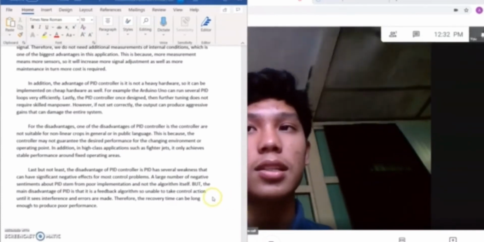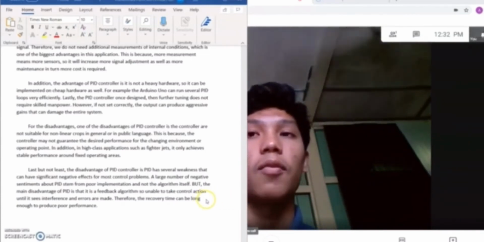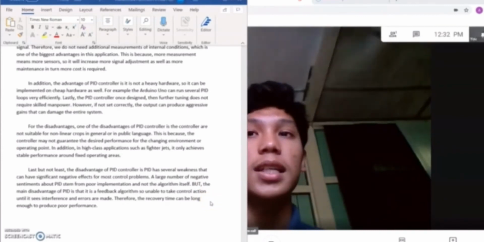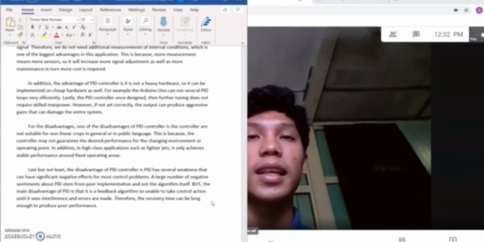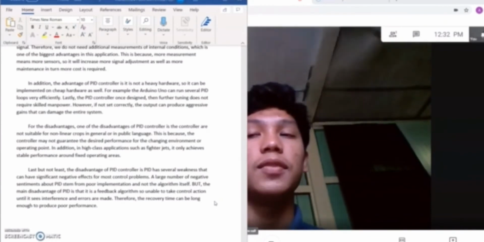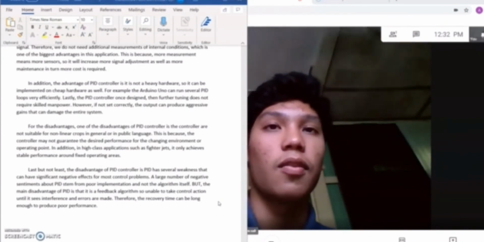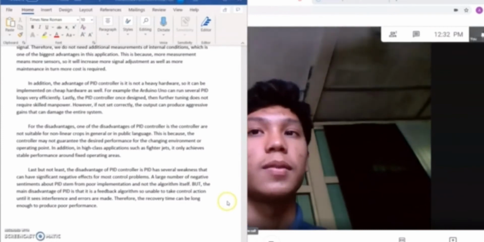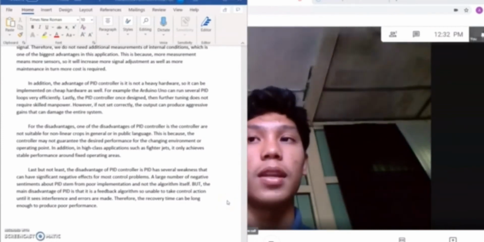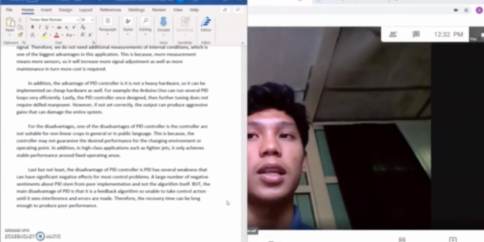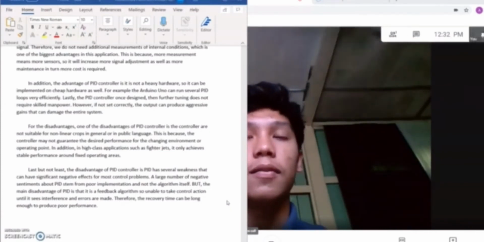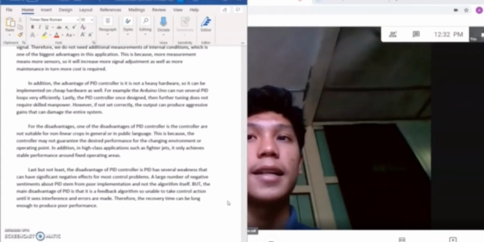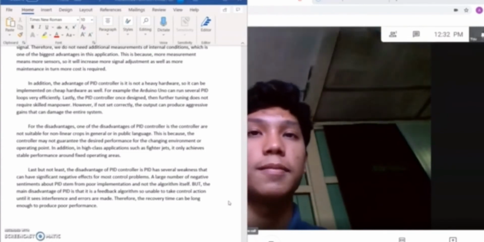Last but not least, the PID controller has several weaknesses that can have significant negative effects for most control problems. A large number of negative sentiments about PID stem from poor implementation and not the algorithm itself.